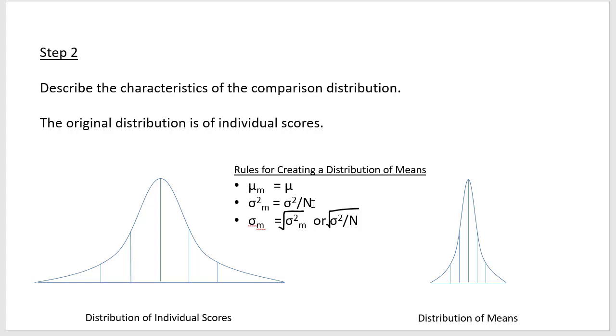On one side, we have the variance of the population divided by n, and on the other side, we have the variance of the distribution of means. So those are equal, so we know that we can take the square root of either of those and we're good to go.